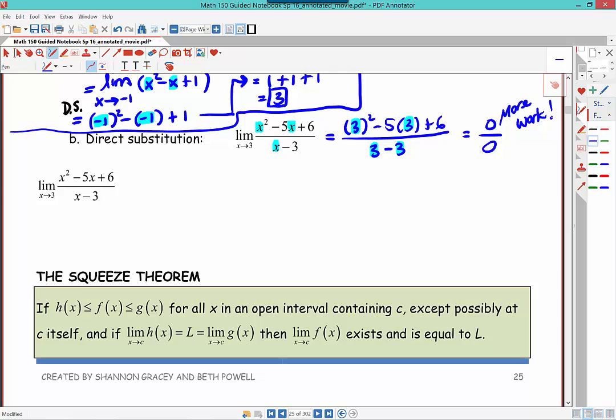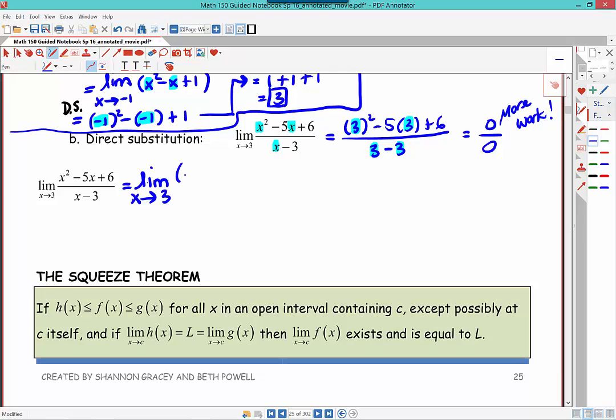And in this case, the more work means algebra, right? Because if you have a rational expression, you can simplify it often. So let's go ahead and factor. Now, while we're working on this, we need to keep our limit notation. When can you take that limit notation off? Beautiful, when you apply a direct substitution.